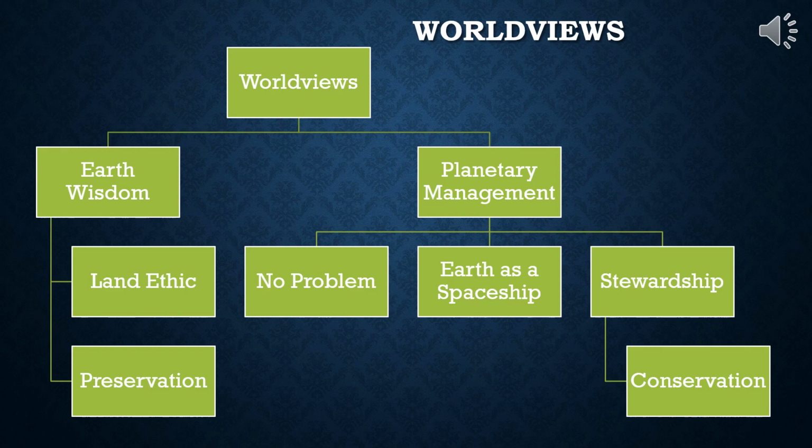Conservation says that you can use resources, but you must use them in a way that they will remain sustainable over long periods of time. Use enough now, but make sure there's enough to continue into future generations.